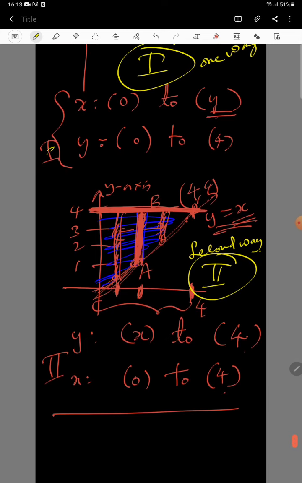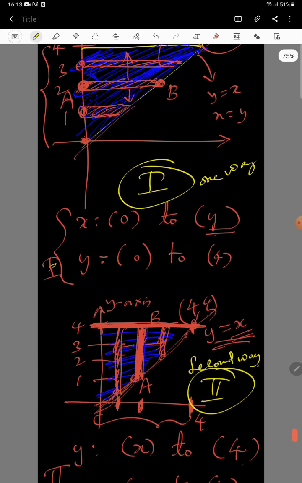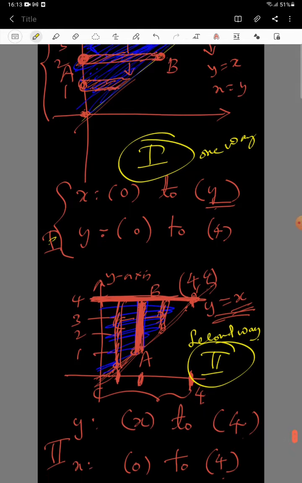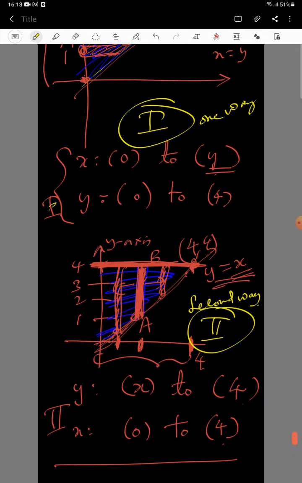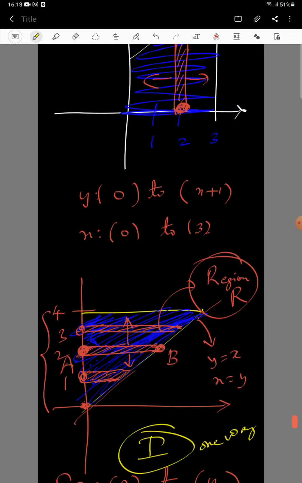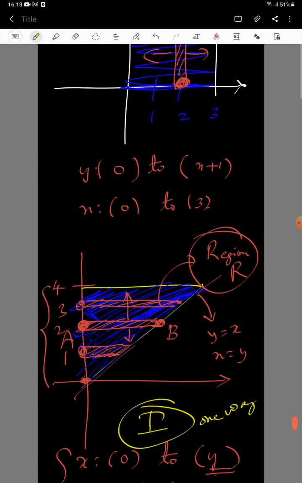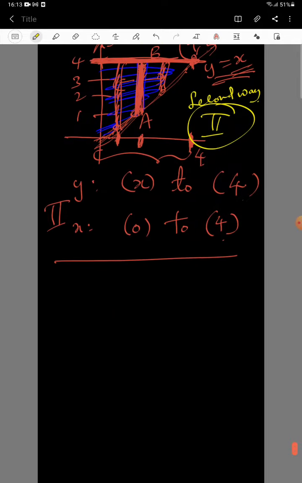It is our choice, we can decide any way, but in the examination if it is given to change the order, one way will be given and we have to do the other way. So I hope you understood how to decide the limits of the region. Thank you.